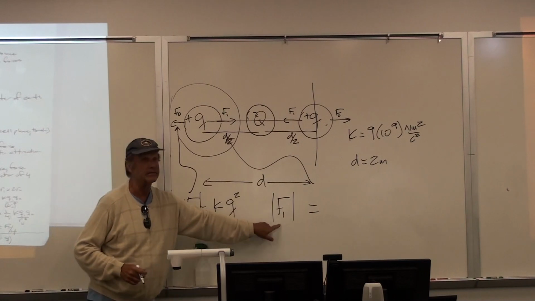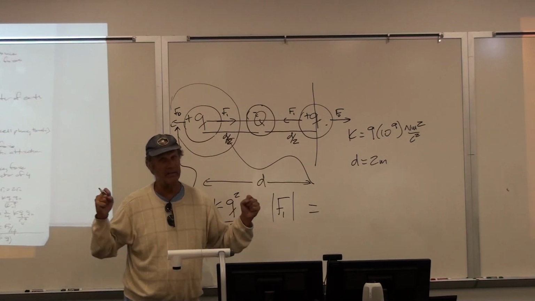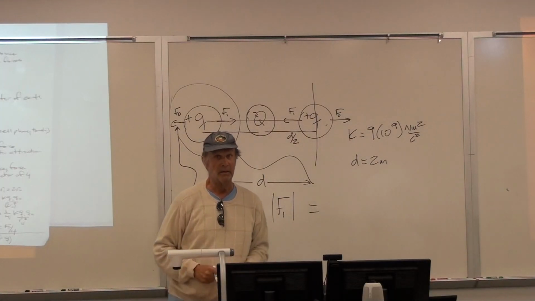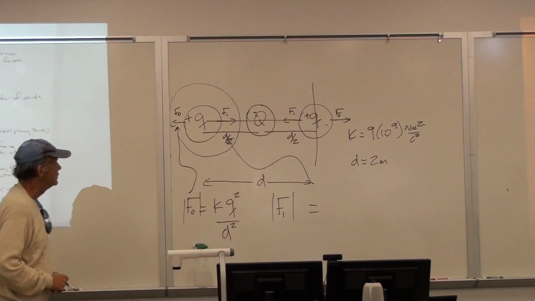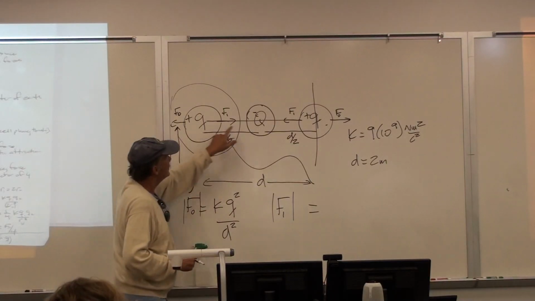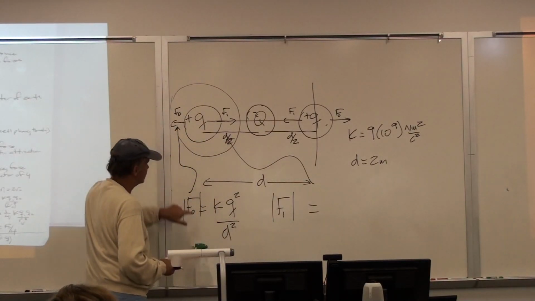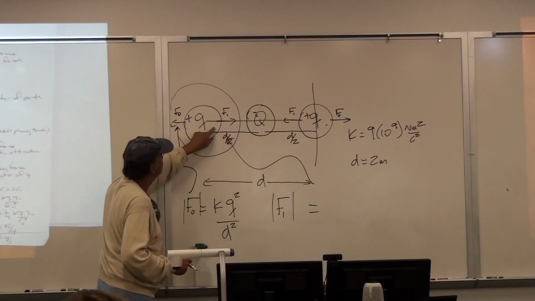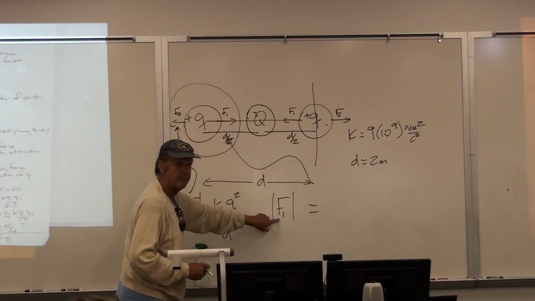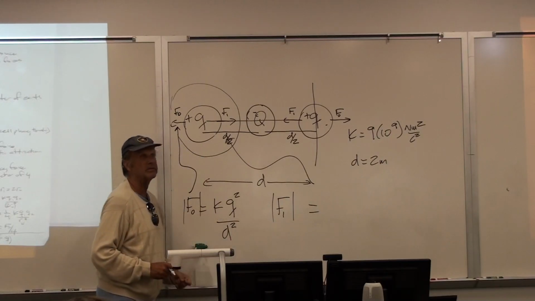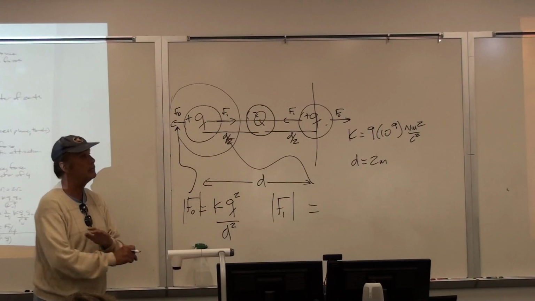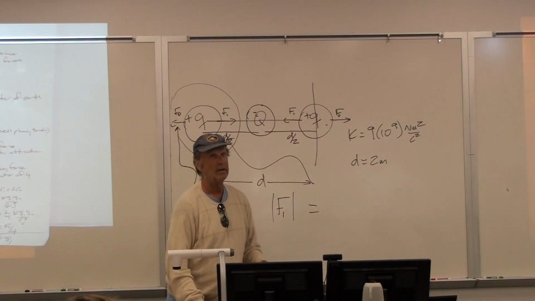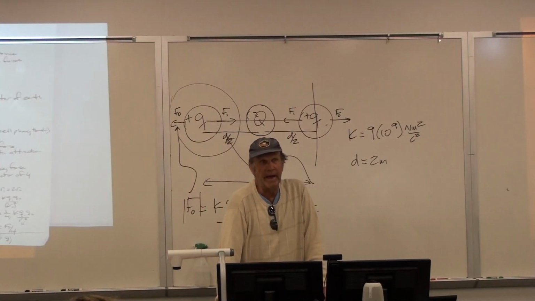Kill all minus signs. And then use the fact that like charges repel, unlike charges attract to get the direction of your vectors. So I can see here, like charges repel, so I know what direction F0 is pointing already. I know that unlike charges attract, and so I know what the direction of F1 is already. So I'm just going to have to set the magnitudes of them equal, and don't worry about those minus signs. You start throwing in those minus signs, you're asking for trouble.